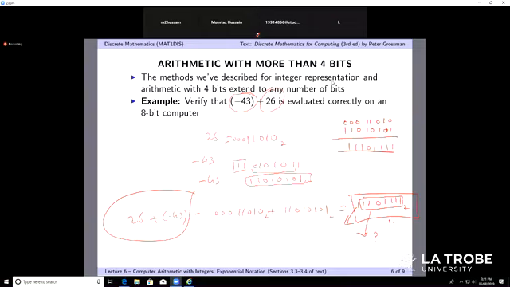That's your negative 17, where for the negative you put 1 there. Now look at this representation here. So the representation for that number is equal to negative 17.